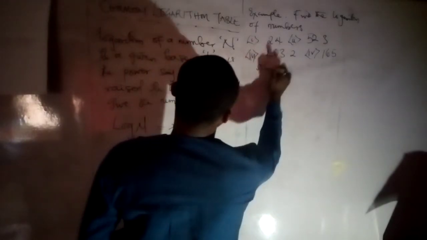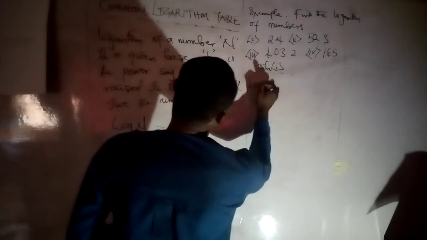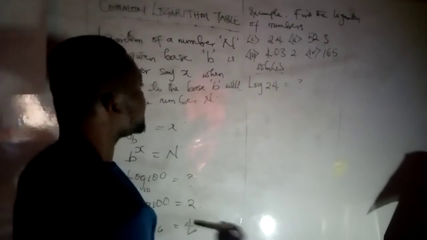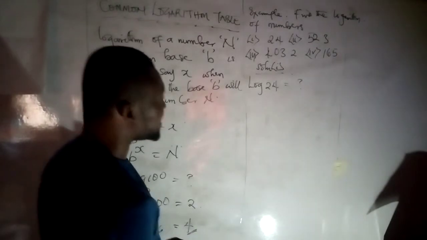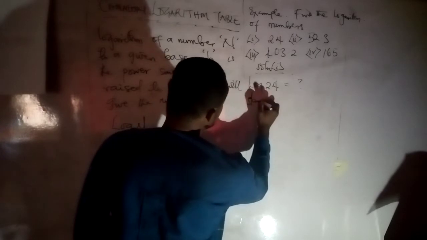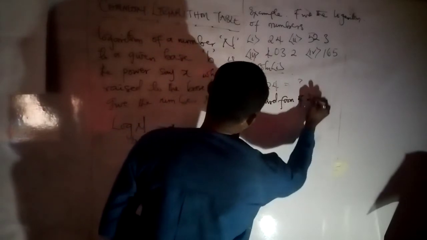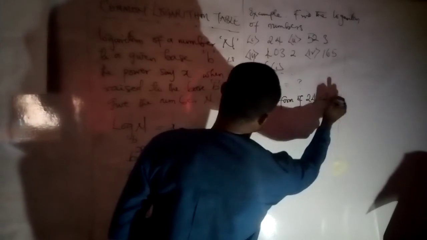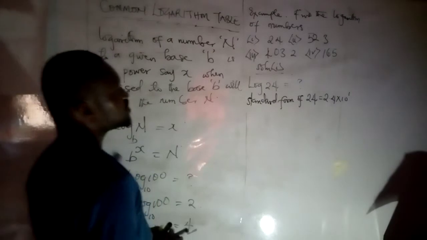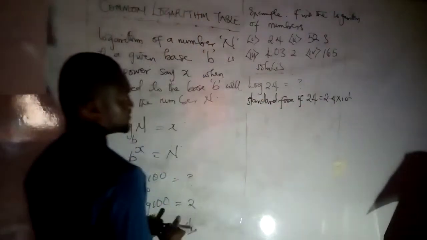Okay, now to solve this, we start from the first one. Solution I: the logarithm of 24 is equal to what? Now we need to convert this to standard form. The standard form of 24 is 2.4 times 10 raised to power 1, which means that power 1 becomes the characteristic.